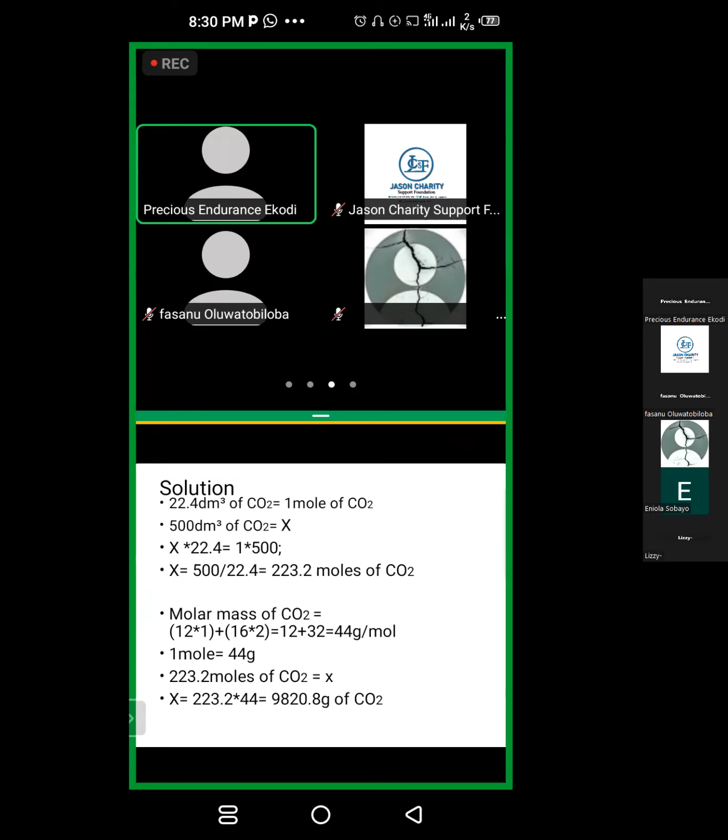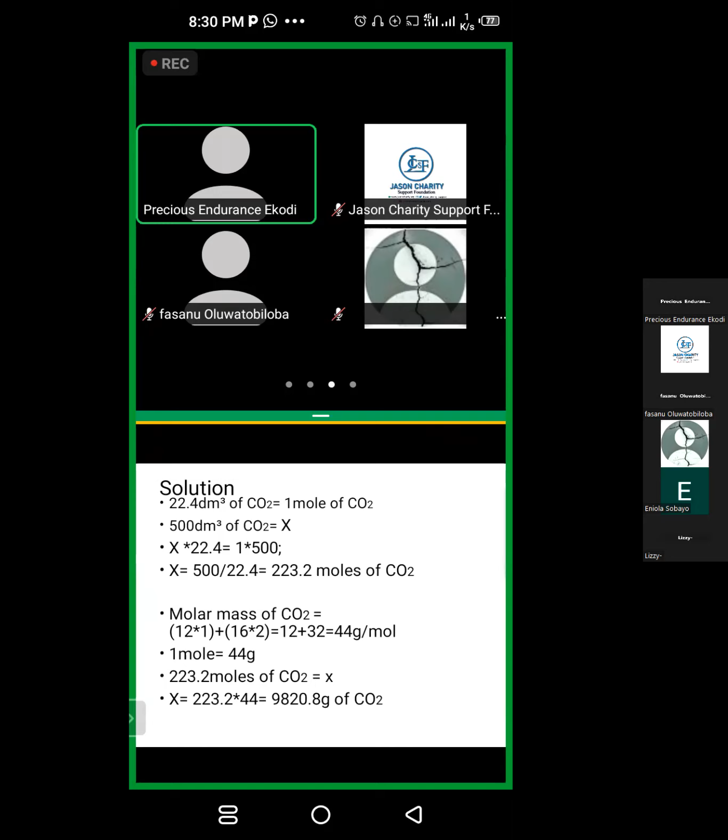So we have 12 plus 32, which will give us 44 grams per mole. So 1 mole equals 44 grams. Remember, we also said the molar mass of each compound also represents 1 mole of that compound.